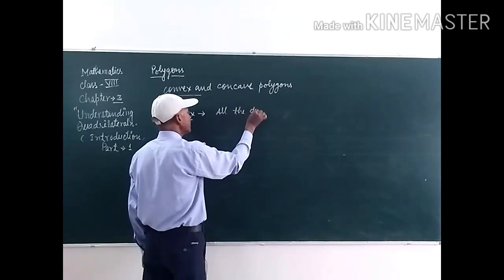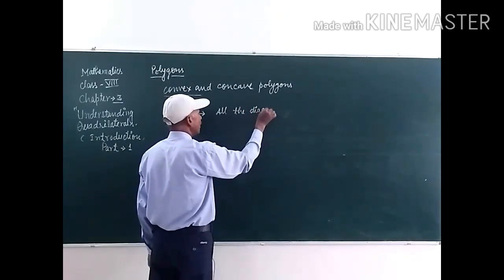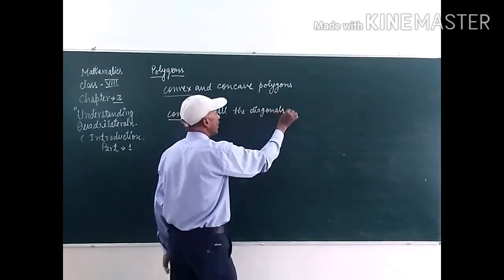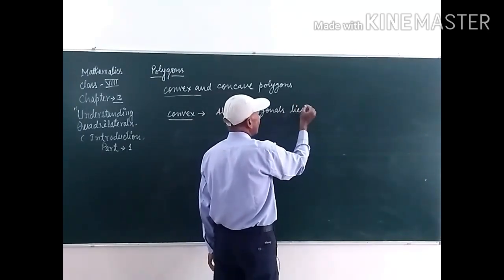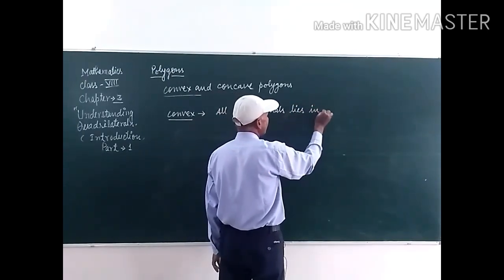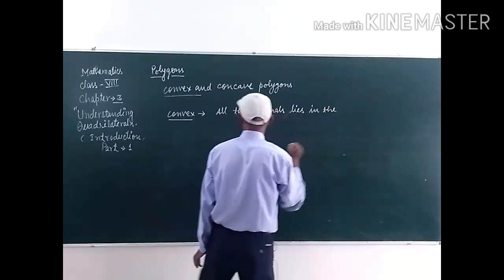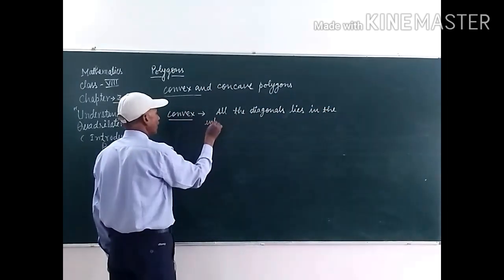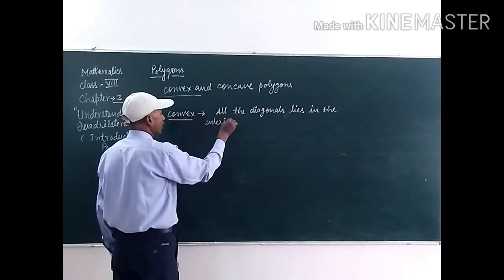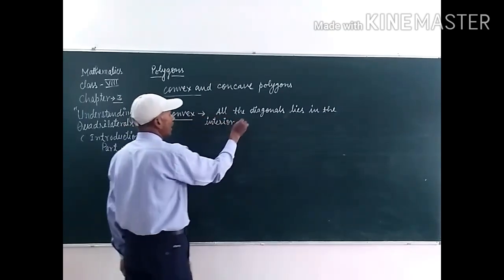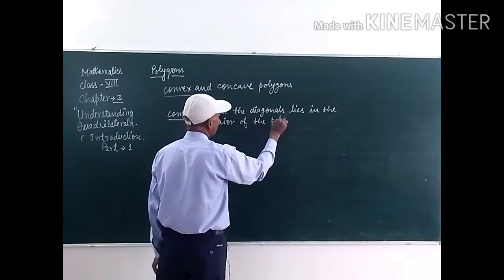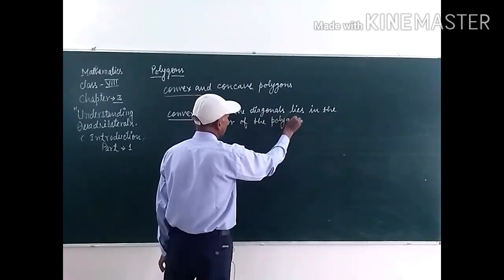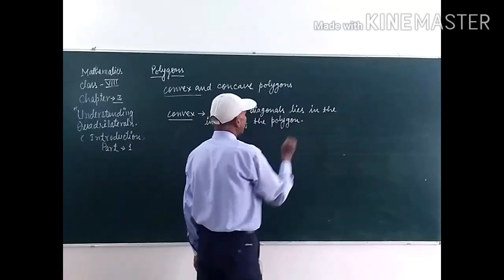All the diagonals lie in the interior of the polygon. Clear, student?